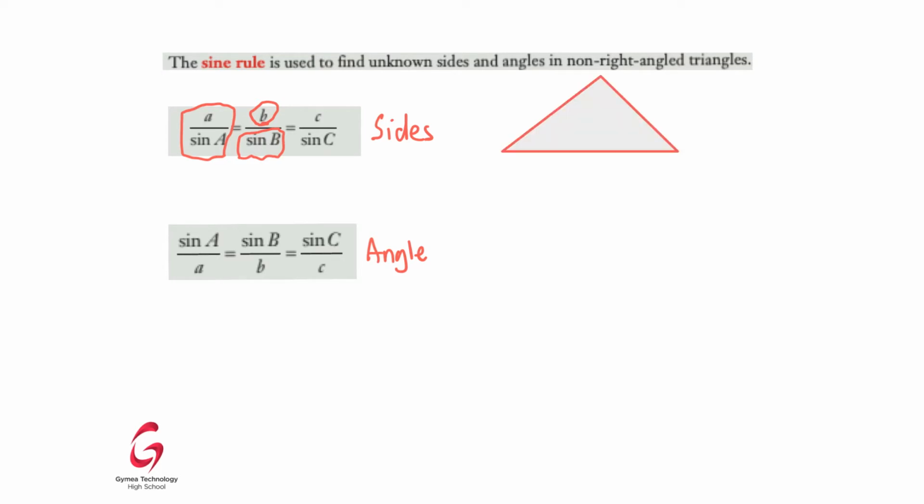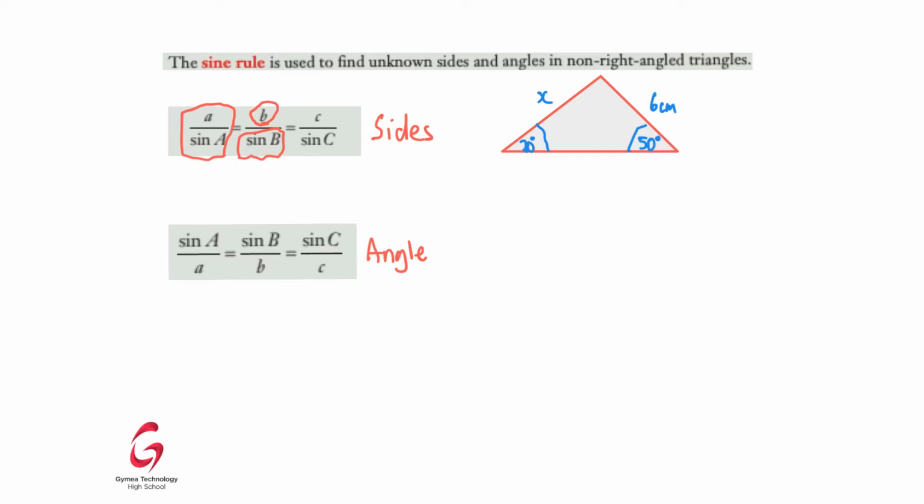So if we have a particular non-right angled triangle, and we know this angle in here was 30 degrees, and we knew this side length over here was 6 centimetres, what this rule will let us do is find this side length over here, provided that we know its corresponding angle in that non-right angled triangle.